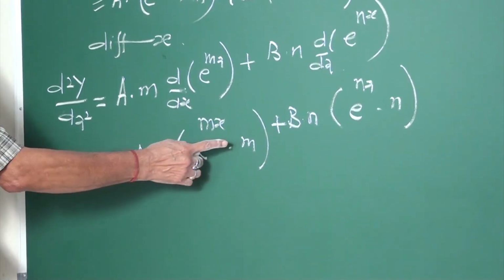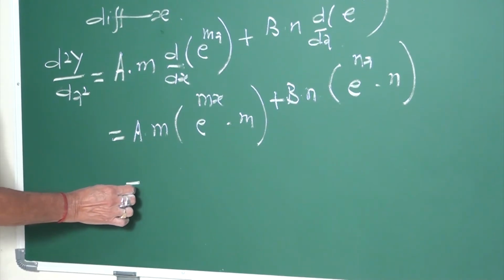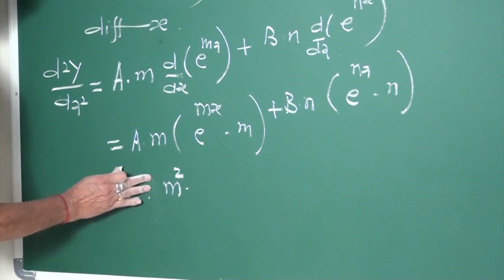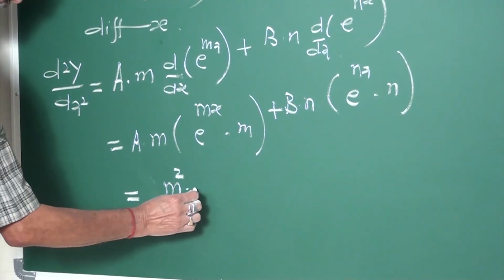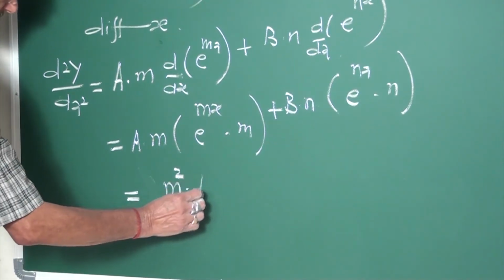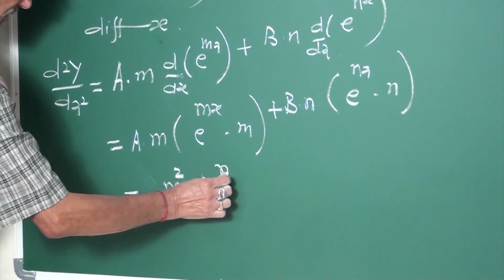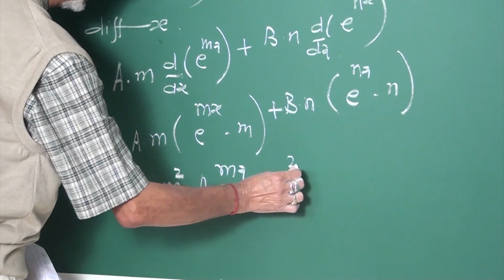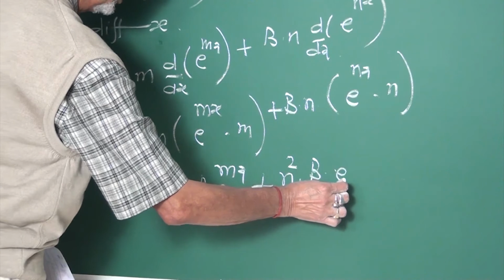Yes. From this, you have a m square, or m square into this, e to the power mx, plus n into n is n square into b into e to the power nx.